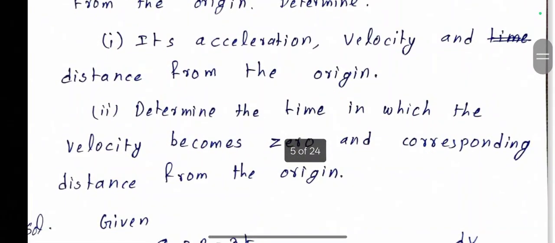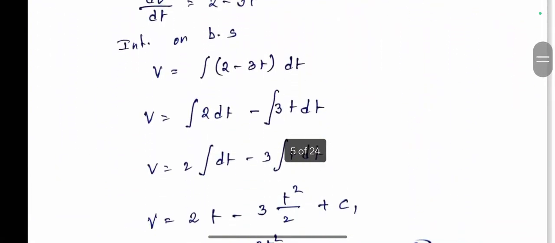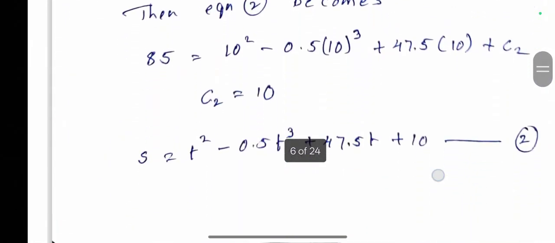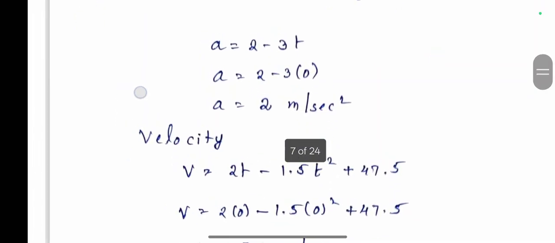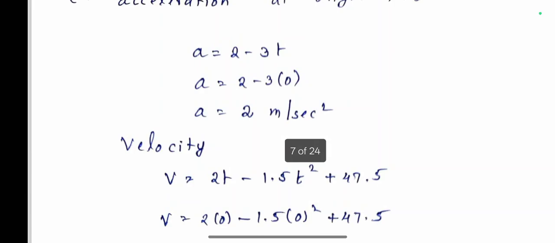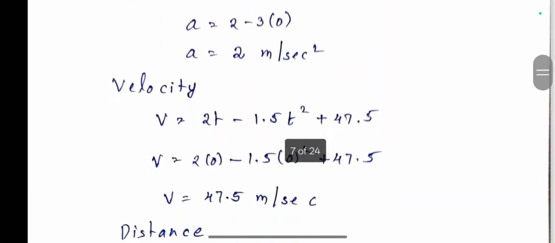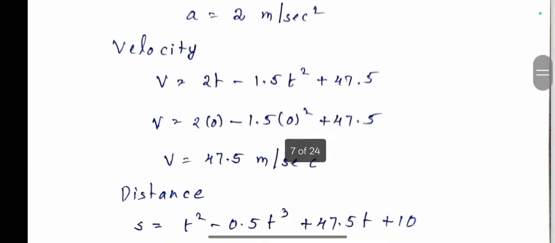Okay, so next, the first thing we need to find is the acceleration, velocity and distance from the origin. Origin means the start point. At the start point, what is the time? Time is 0. Therefore at t equal to 0, what is the acceleration? The acceleration equation is a is equal to 2 minus 3t. Substituting t equal to 0, a is equal to 2 minus 3 into 0, which will become a is equal to 2 meters per second square. Next we need velocity. Velocity V is equal to 2t minus 1.5 t square plus 47.5.